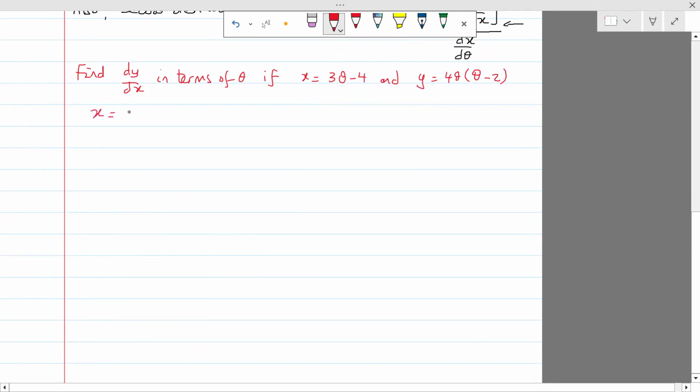So x equals 3 theta minus 4, dx by d theta becomes 3. Y, so what is dy by d theta? We are going to have 4 theta squared, which becomes 8 theta, minus 8 theta, which becomes 8. So I can have it as 8 theta minus 8.